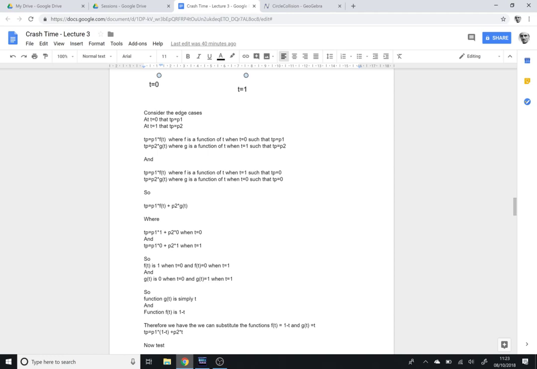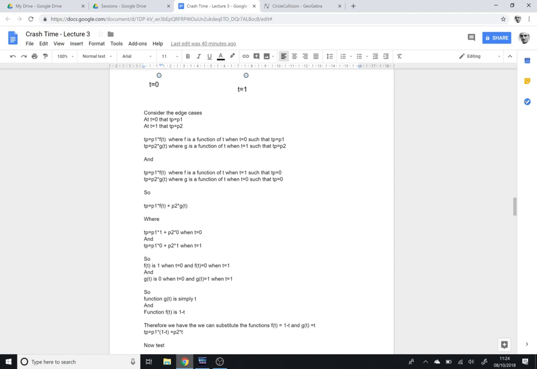So what we end up with is an equation that says tp is p1 times f(t) plus p2 times g(t), which is a function of t. We don't know what these functions are yet, but we have a formula. And you will see this formula come up time and time again: I want a solution, I've got 2 outline points, I need to derive formula or functions that solve that problem.